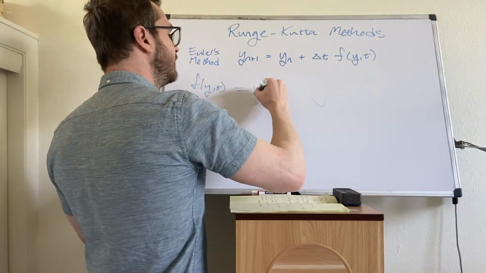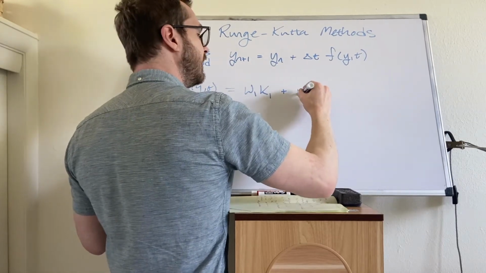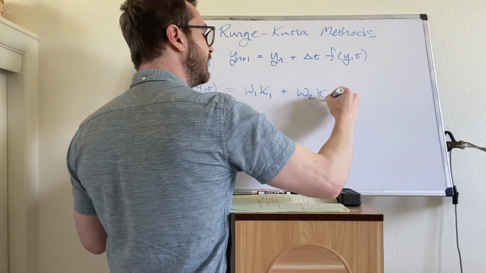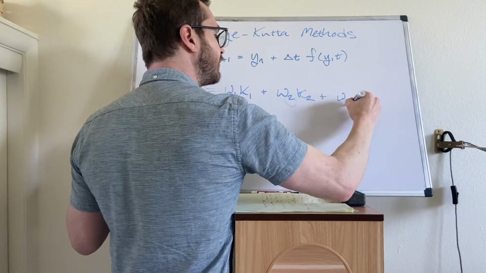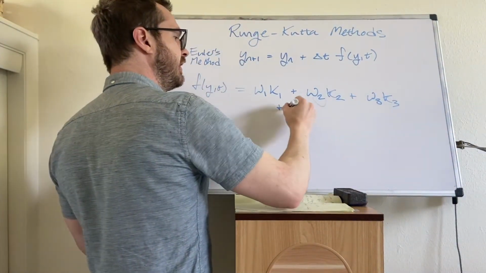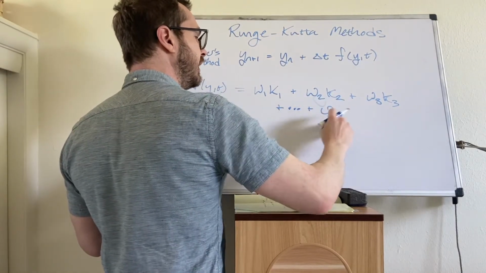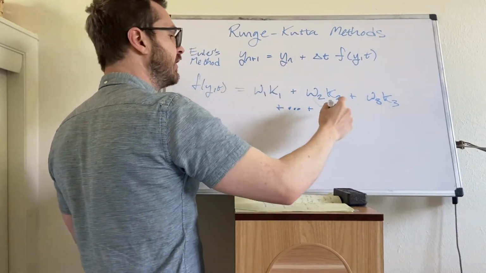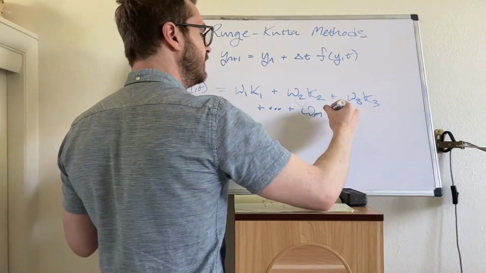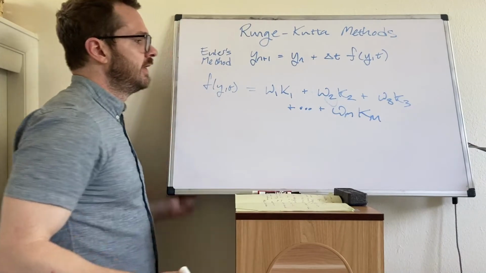Let's say w1 k1, plus w2 k2, plus w3 k3, plus, and so on. We're using n to iterate over time, so let's use m: w m and k m.